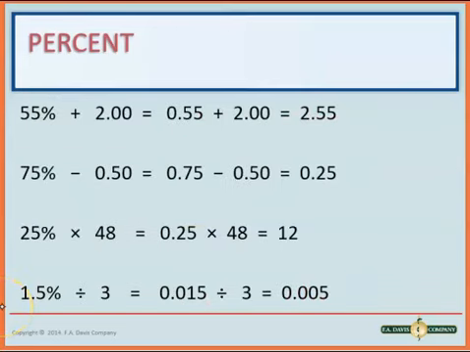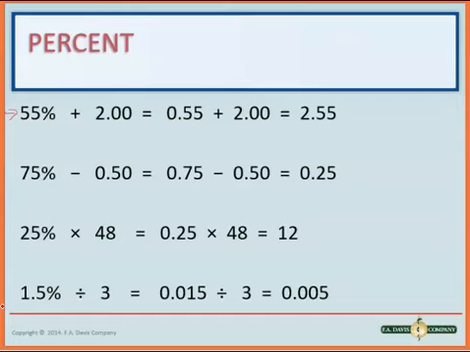Let's do some calculations with percentages in them, and it's easiest to convert your percentages to decimals when you do these calculations. So let's look at our first example. We have 55% in this particular calculation. So how do we convert our percentage to a decimal?